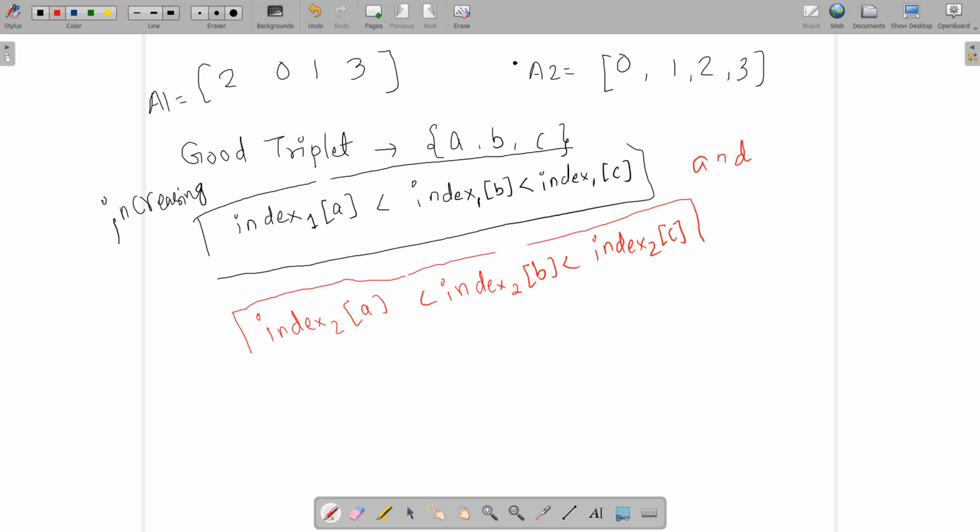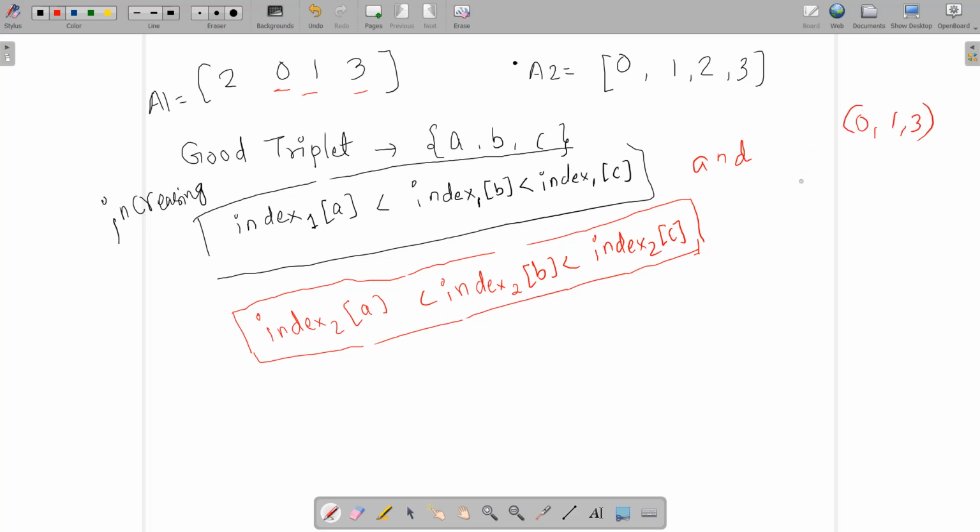So a triplet ABC is called good only when for the respective arrays the indices must follow an increasing order fashion. Okay, so you can see if we pick out 0, 1, 3 over here, so 0, 1 and 3.